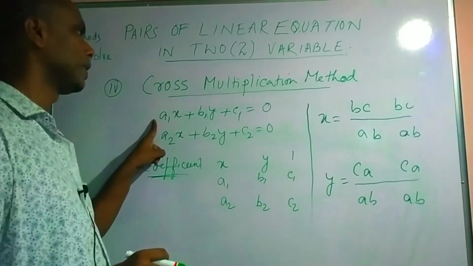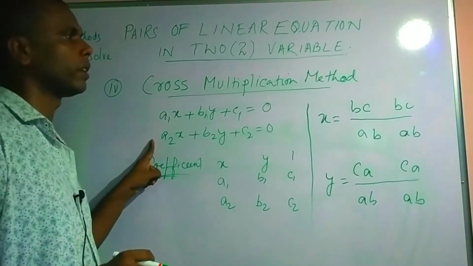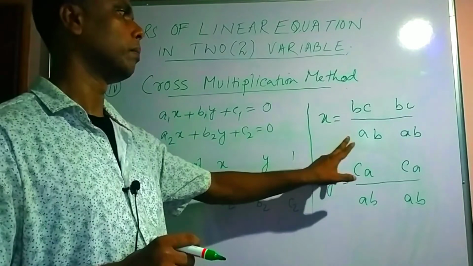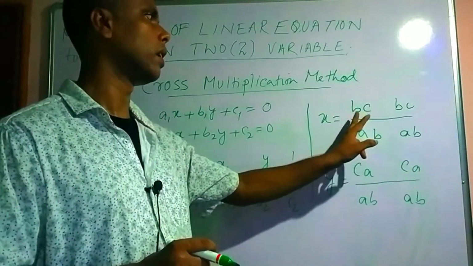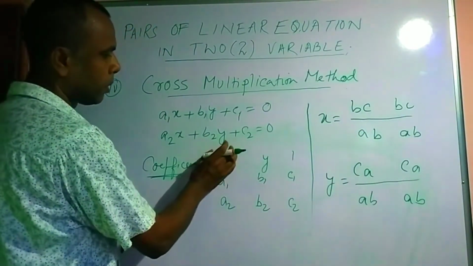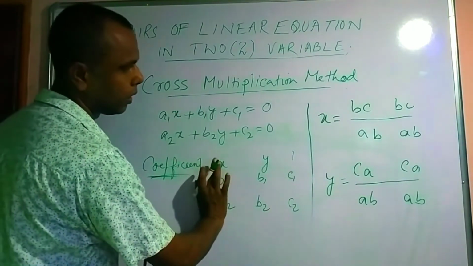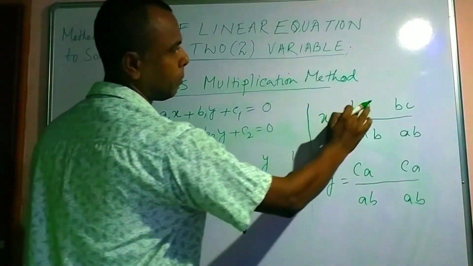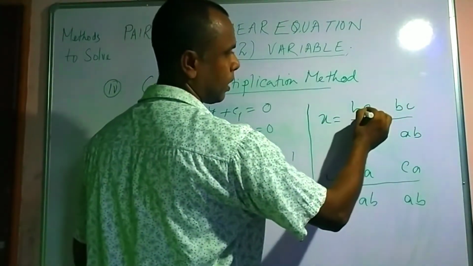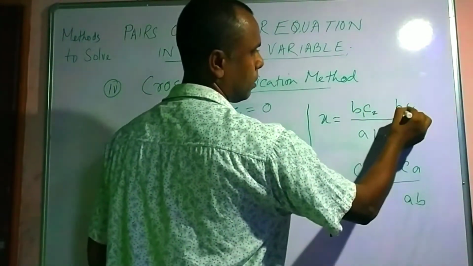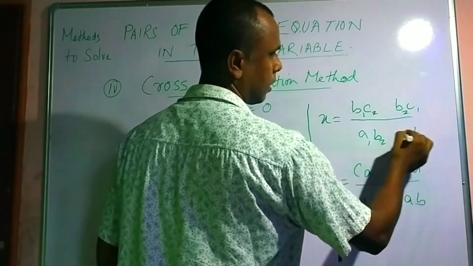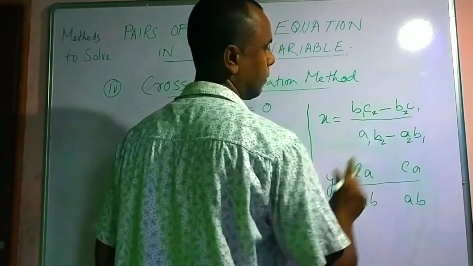To solve this pair of equations, we write x equal to, below we'll write AB. When we talk about x, we just cover this one and we are left with BC. Then we write BC, BC. So in this case we write b1, c2, b2, c1, and we give the minus sign here.